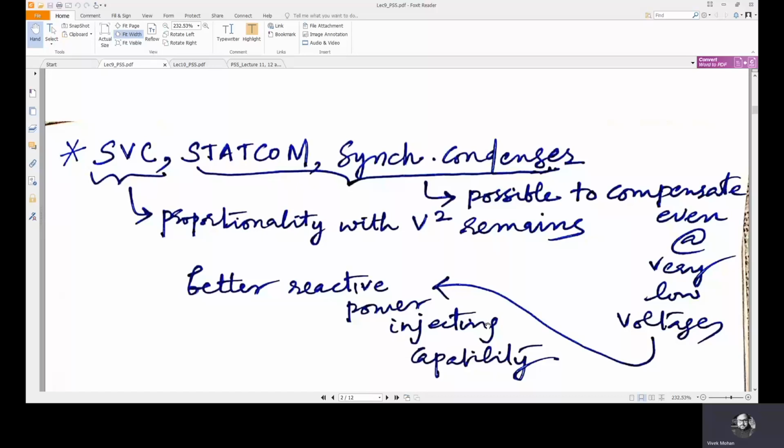So this is more relevant for lower voltage profiles when compared to SVC. SVC, similar to the underload tap changer, has a cumulative effect on voltage instability, or on the dropping voltage profile.